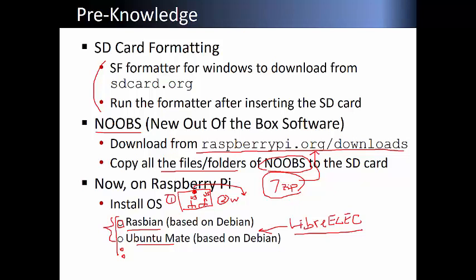So you can selectively choose to install either Raspbian or Ubuntu or LibreELEC. If you click this, that's what we are going to do. If you do this LibreELEC, then we can set up the access point server. Access point, okay?